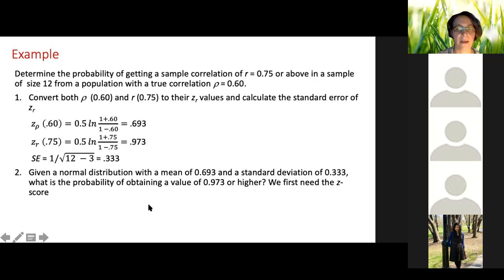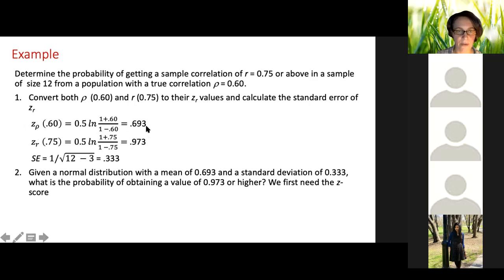All right, and we know that the transformed scores are normally distributed. So given a normal distribution with a mean of 0.693 and a standard deviation of 0.333, what is the probability of obtaining a value of 0.973 or higher? That is a new question that we are asking now after this transformation.